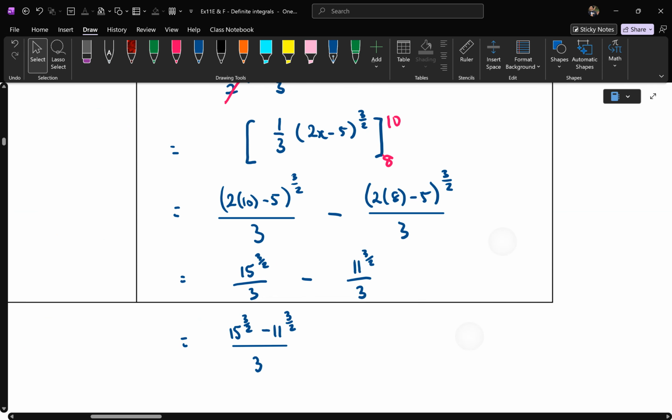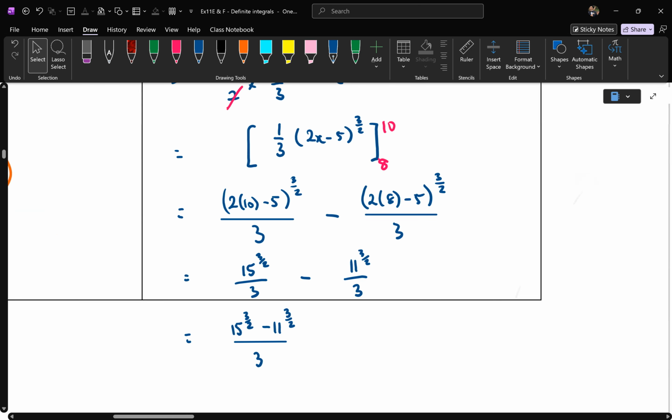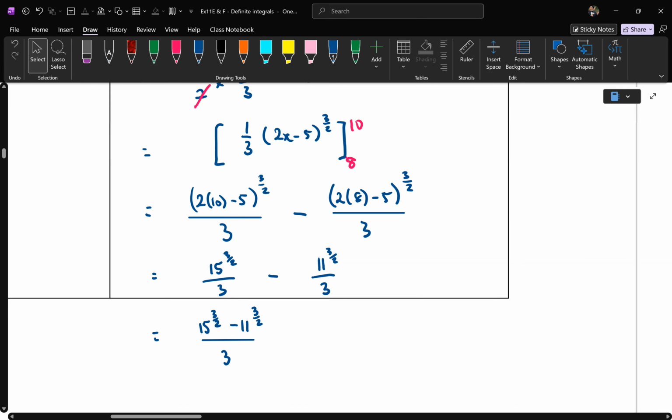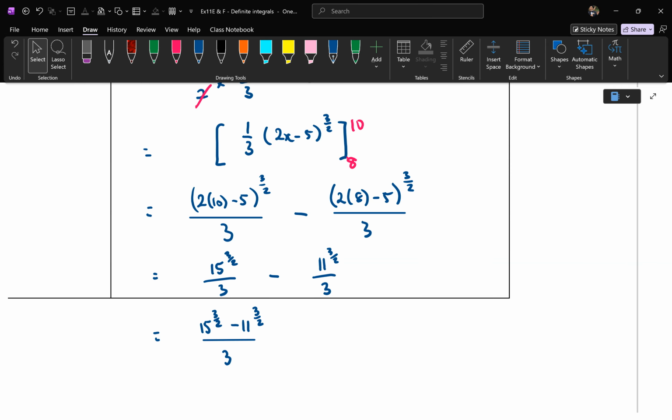No? I feel like this can be simplified. Does anyone say anything? What can I simplify? 20, take away 5, 15. You can't do 15, 3. 5 and 3 doesn't work out. No.